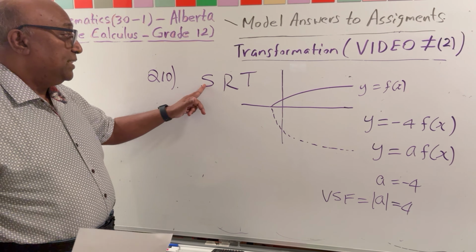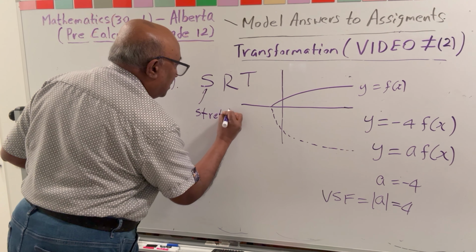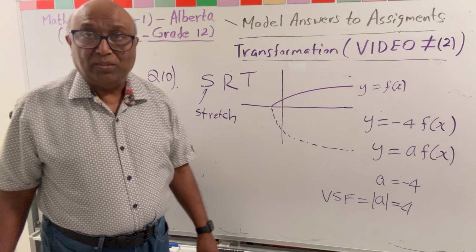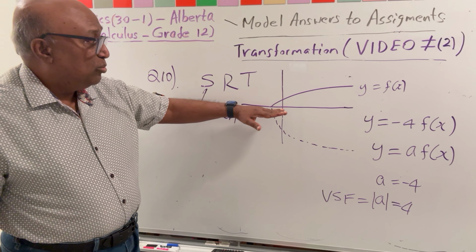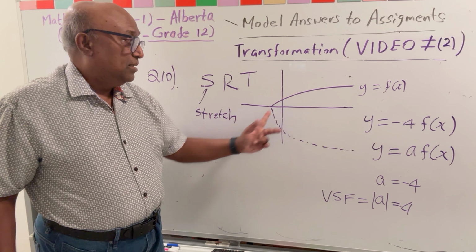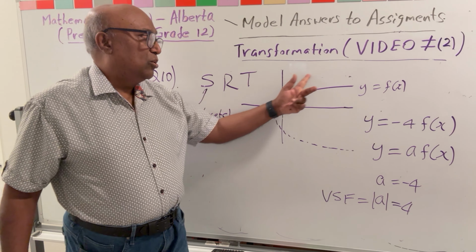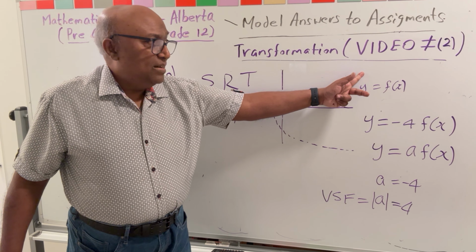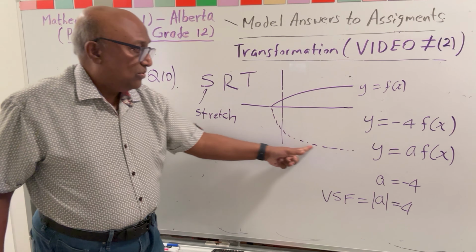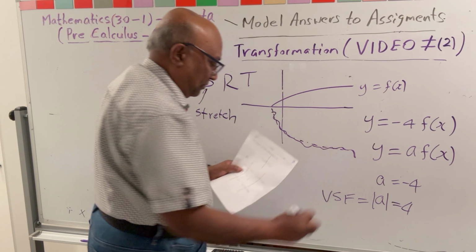S stands for stretch, R stands for reflection, T stands for translation. It is better if you do the stretch first. When you stretch, this is the graph after stretching, but I did not draw this. Then reflection. When you reflect this expanded graph, you get this graph. Now this is the graph for the new function.